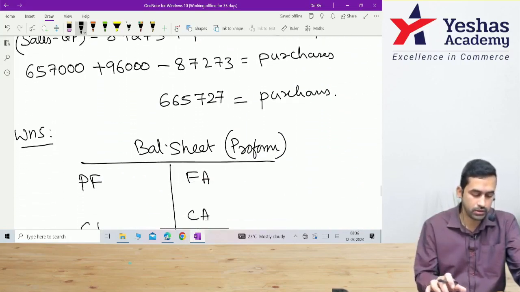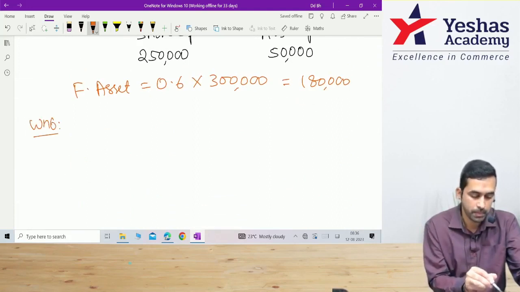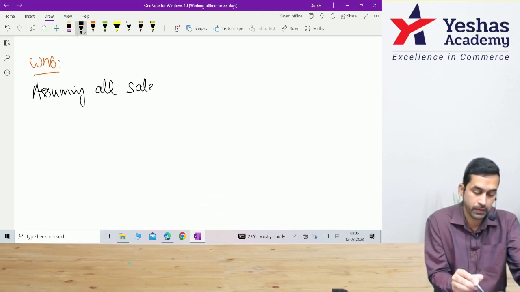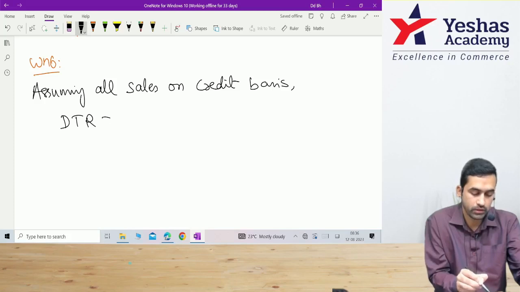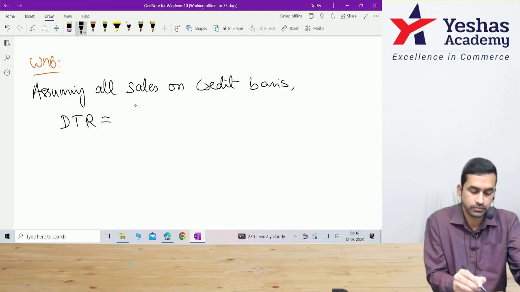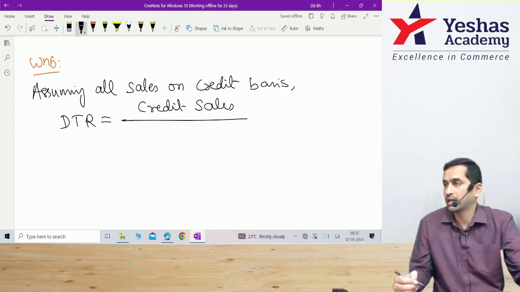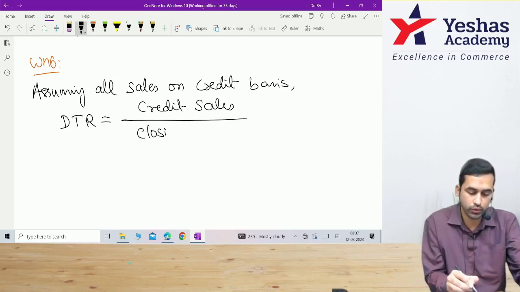Working note number 6, computation of debtors. Assuming all sales on credit basis, debtor turnover ratio is equal to credit sales by average debtors, but we can't do average since I don't have opening debtor value.